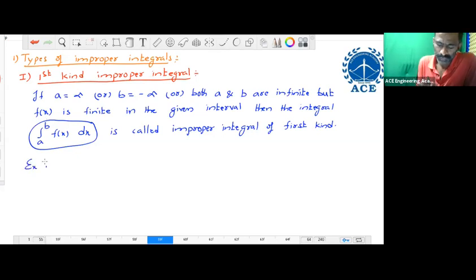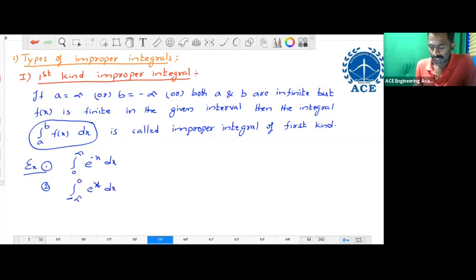Example, integral 0 to infinity e power minus x dx. At 0, this function will have finite value. At infinity, this will have finite value. Between 0 and infinity, for all the values, it will give finite value. So this comes under first kind. Example number 2, integral minus infinity to 0 e power x dx.